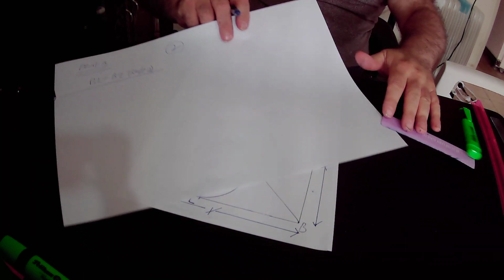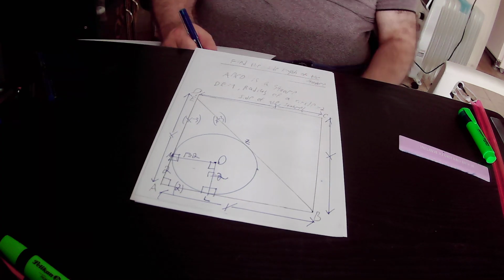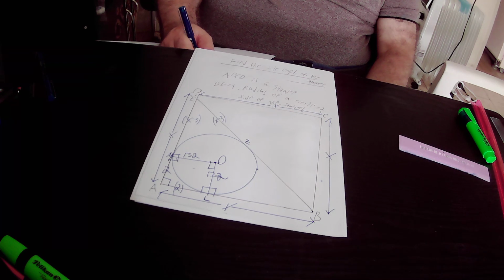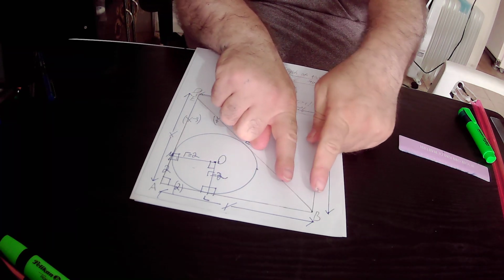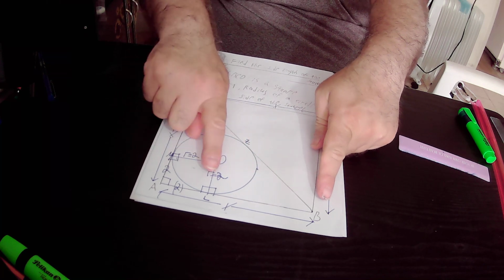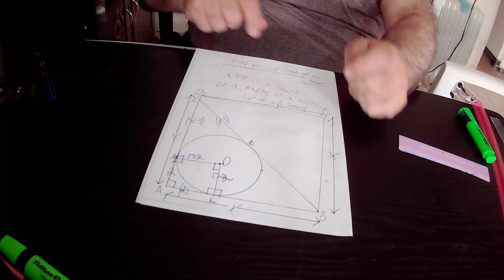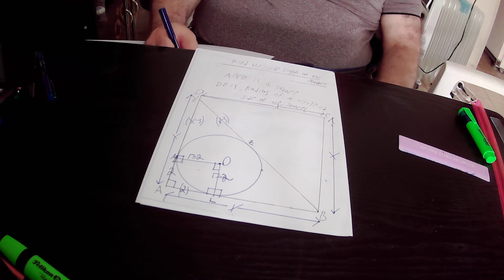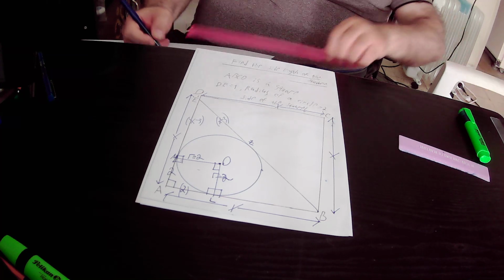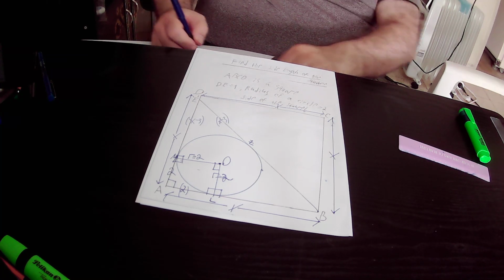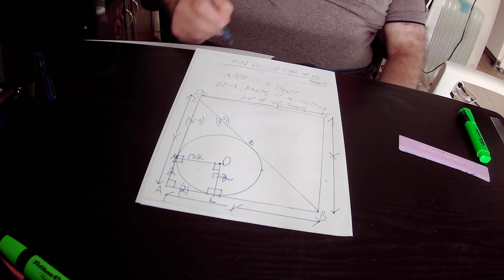Okay, what is the length of tangent BL? From the drawings, it is very easy to see that the length of tangent BL equals BA minus LA. That is to say, BL equals BA.